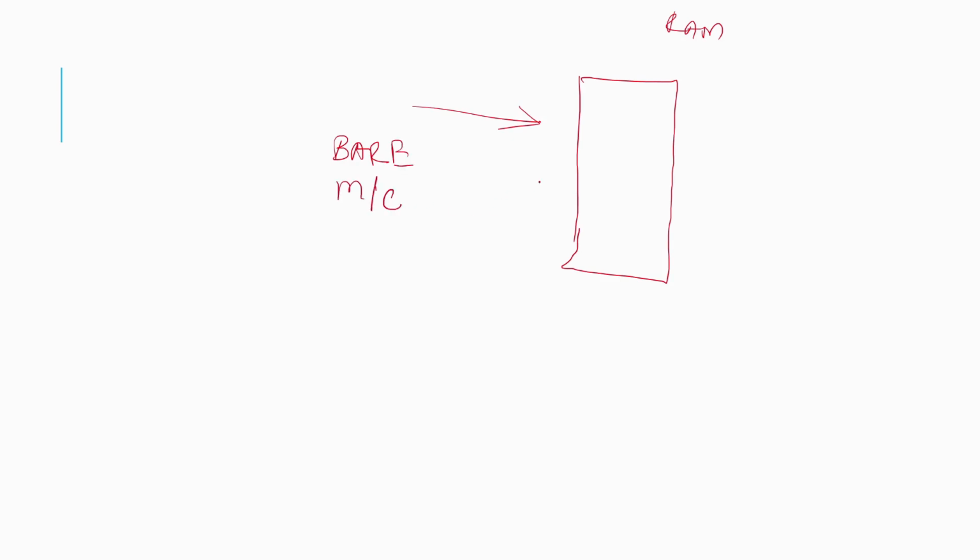In this bare machine there was no operating system. There was nothing. It was the designer's choice. The person who is going to use it is free to do these things. So the entire space of memory is free for the user.